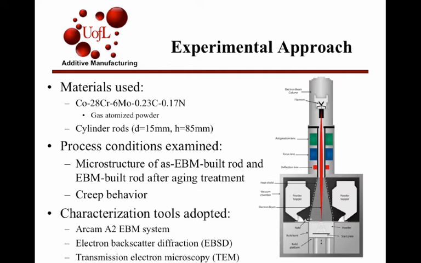With the EBM process, you can have a higher power than laser-based processes, and you can obtain higher speeds because the melt rate is also faster. They also used electron backscatter diffraction to take measurements of their cross sections and to look at the grain microstructures, and they used transmission electron microscopy.